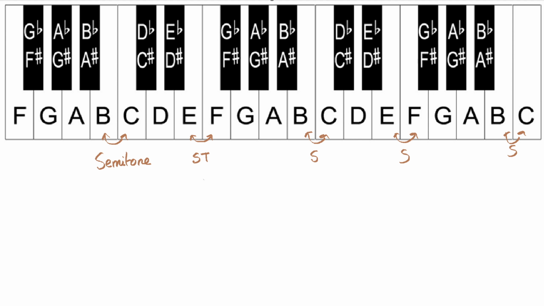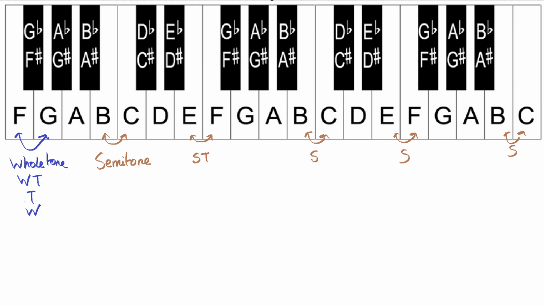Now, in all of the other examples of note gaps that we have here between white notes, these are all tones or whole tones because there is a note in between. And we might call that WT, T, or W. Any of these abbreviations is absolutely fine.